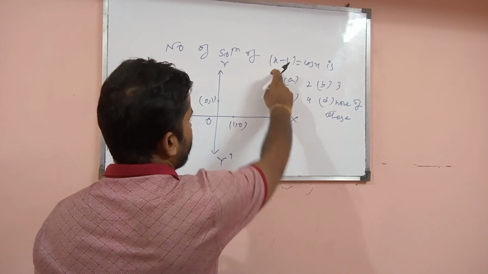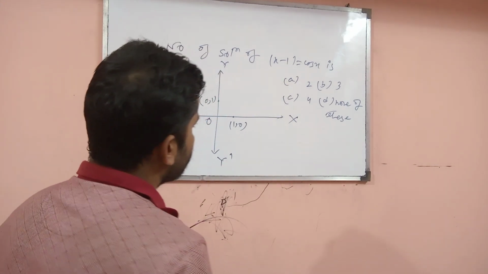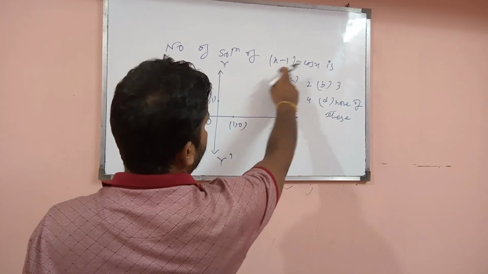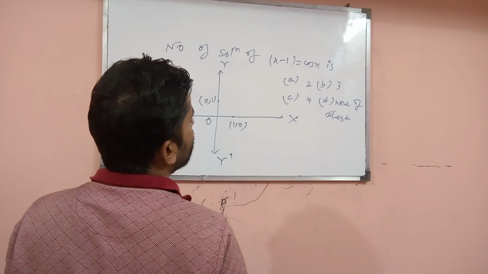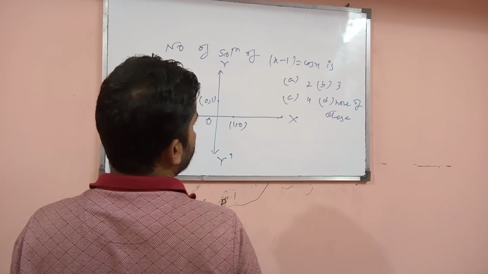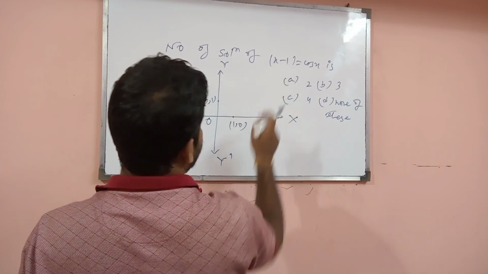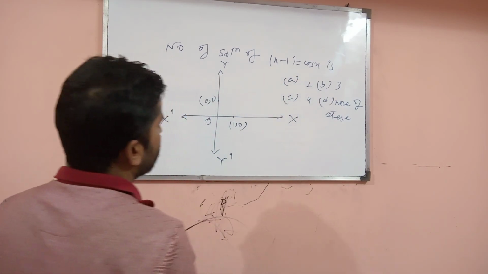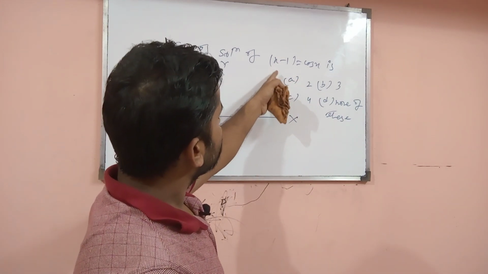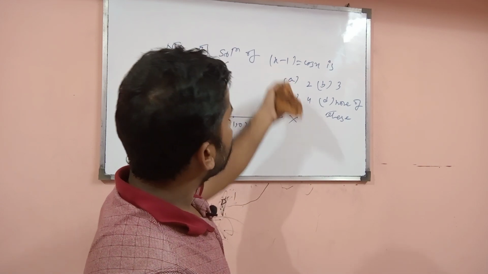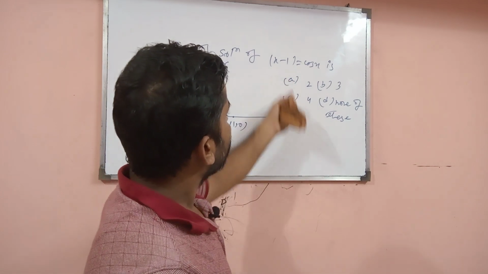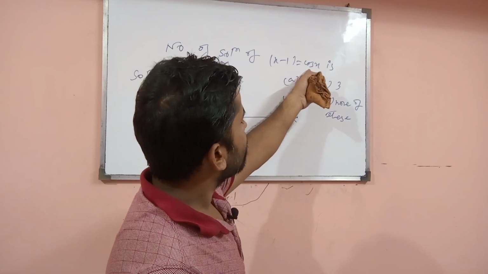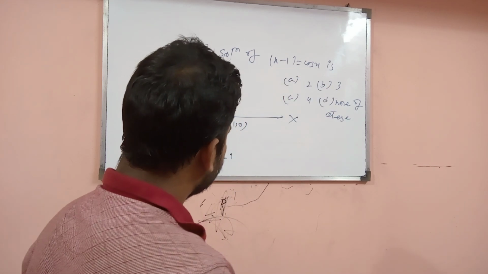It will be 0 when x is equal to 1. So when x is equal to 1, that is cos x is equal to 0.